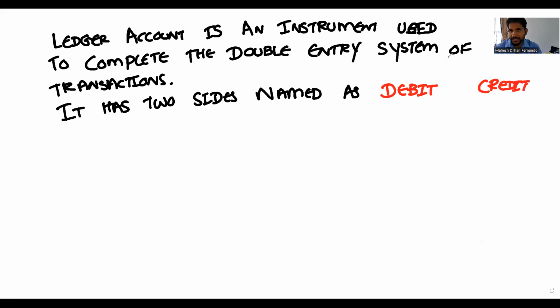Debit and credit. This is how you define a ledger account. Is an instrument used to complete what?